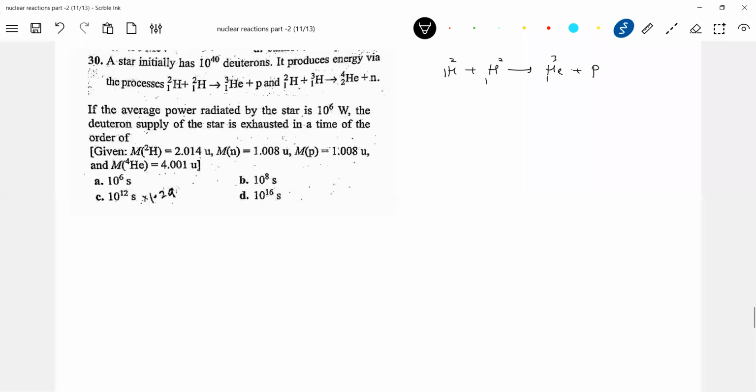So this energy released here, let it be Q1. We'll calculate this Q1. Q1 will be the mass of deuterion... I think it should be tritium, not helium isotope.